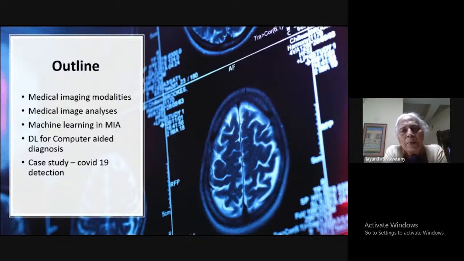I will look at deep learning in the context of computer-aided diagnosis, which is essentially how to help doctors with a pre-trained tool. And we'll close, hopefully, with a case study from my own group.